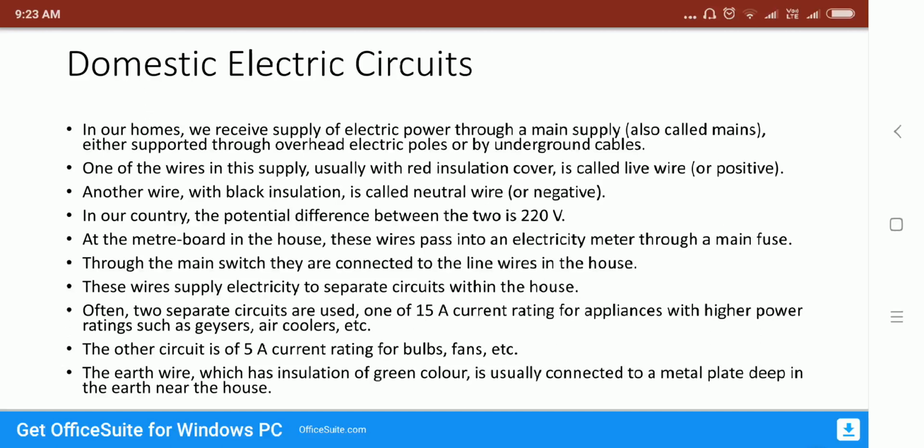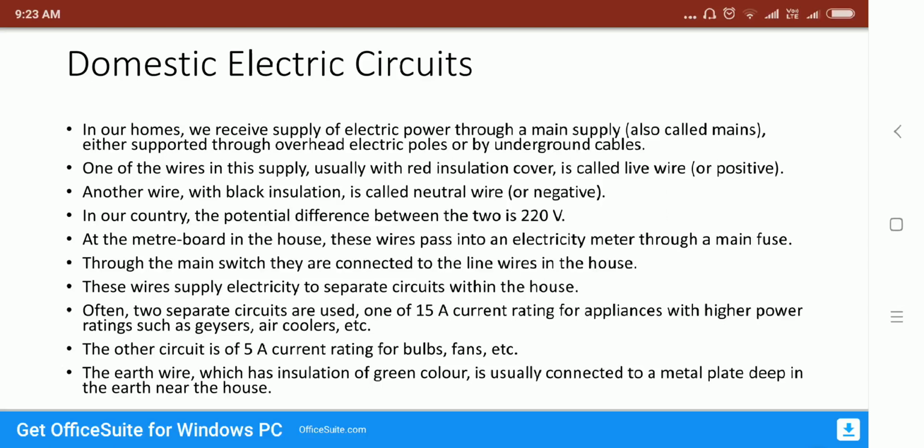This wire supplies electricity to separate circuits within the house. Generally, two separate circuits are there. As we know, some of the appliances can work with low current and some of the appliances require high power.